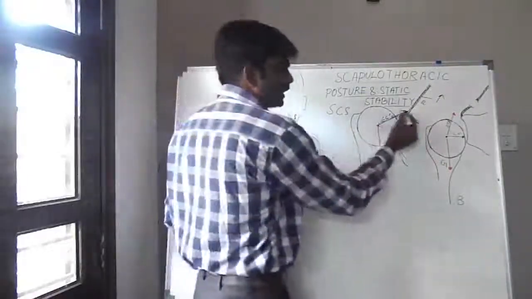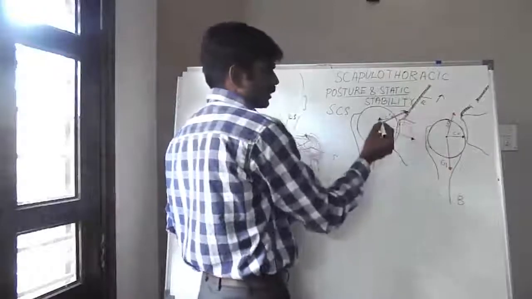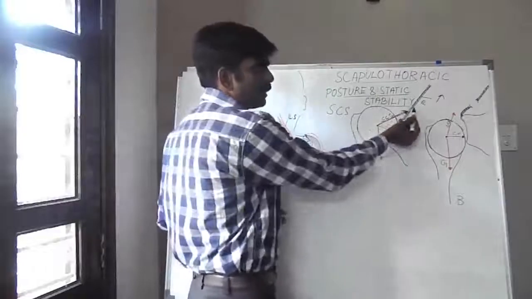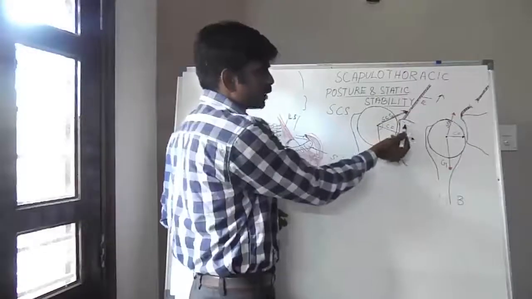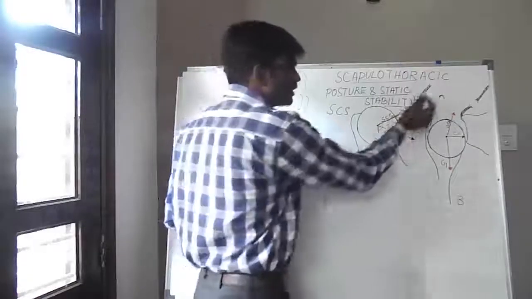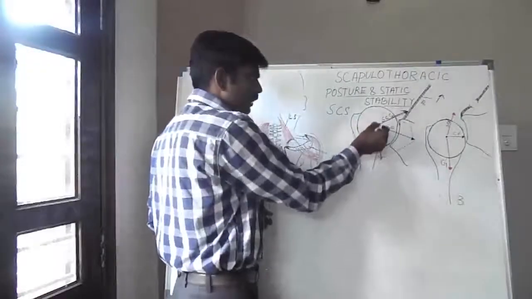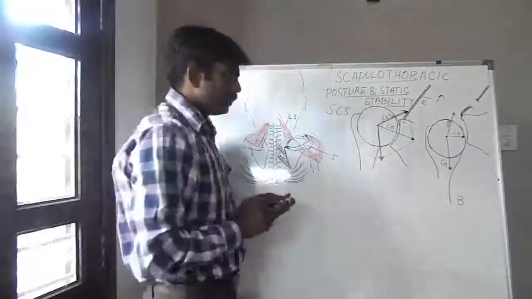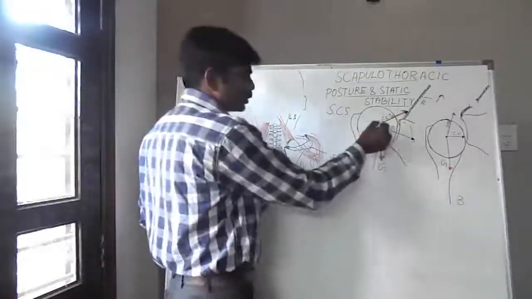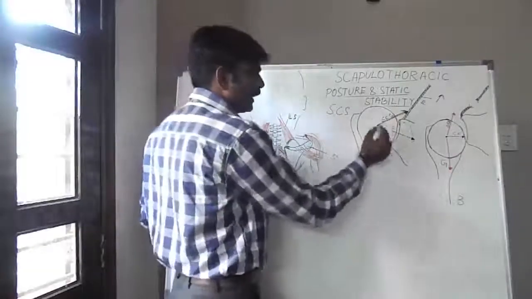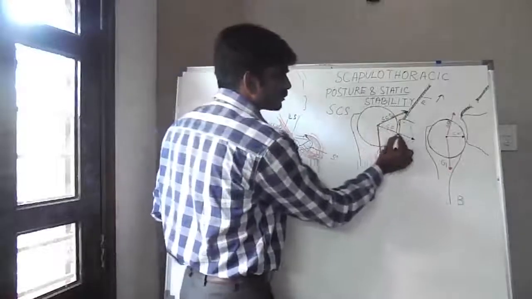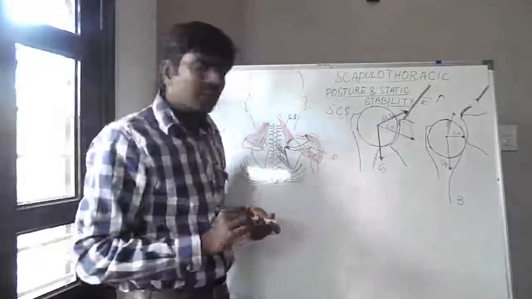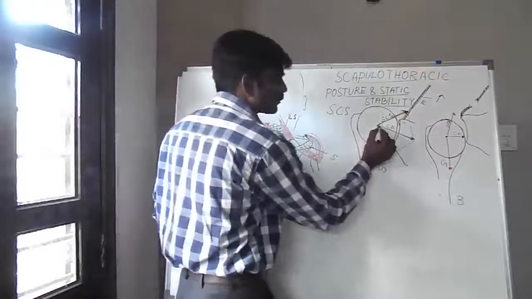Along with these two forces, the superior capsular force and the muscles attached to the shoulder girdle, there is the gravity force. Due to gravity, this is a gravity force. So when you add these forces, you will get the compression force.